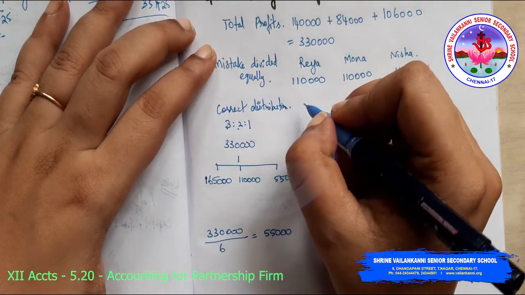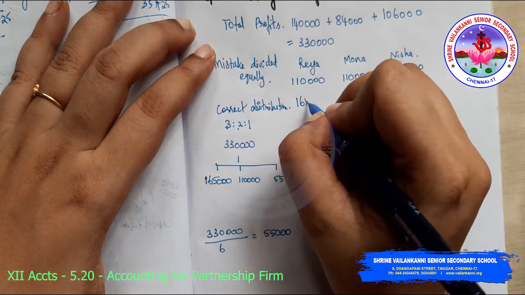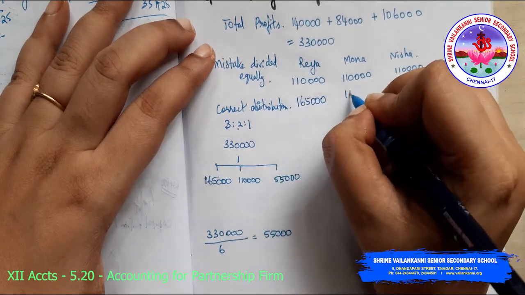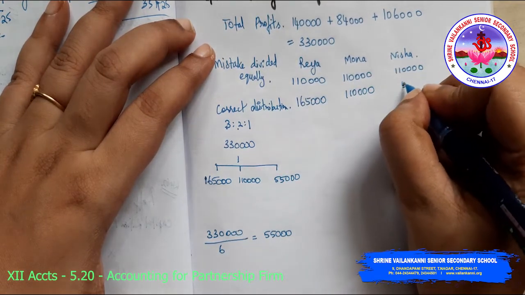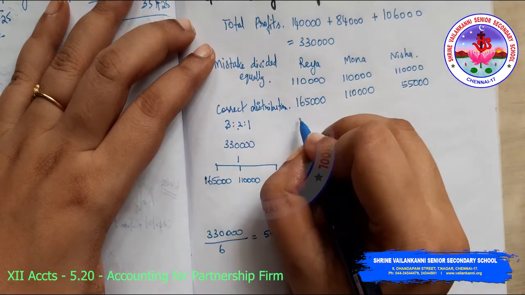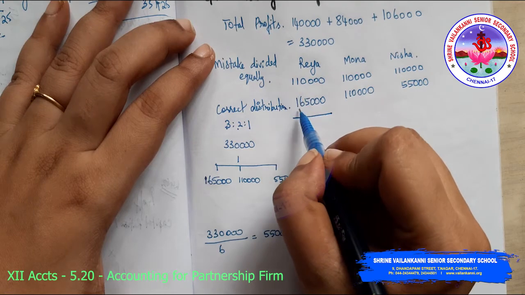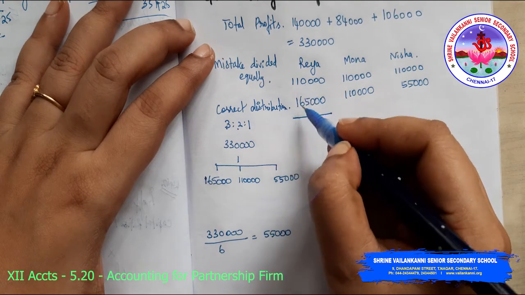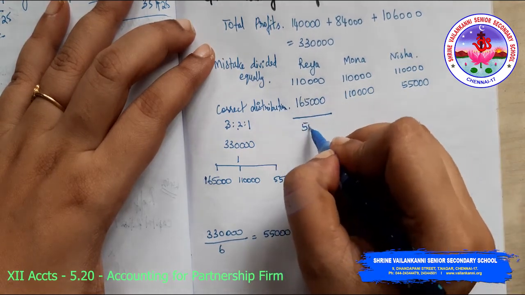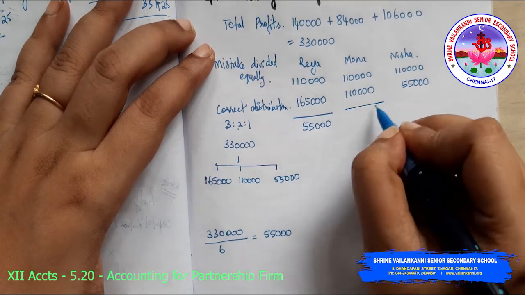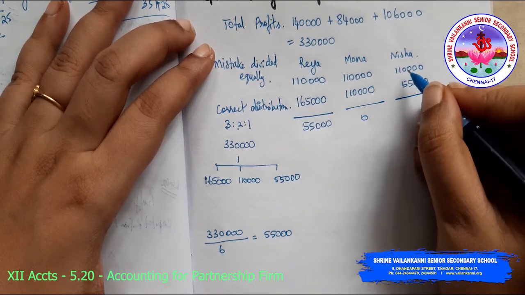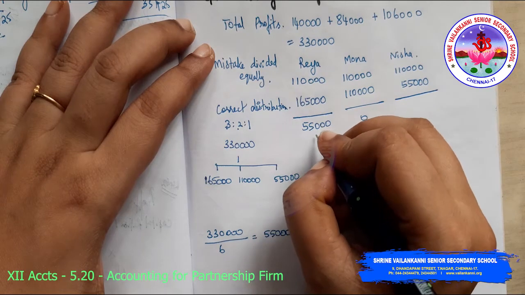Now I am just writing this correct distribution: 1,65,000 here, 1,10,000 and 55,000 here. Now here is a negative balance, and here it is a positive balance. So correct distribution requires positive balance. Here this has to be credited.